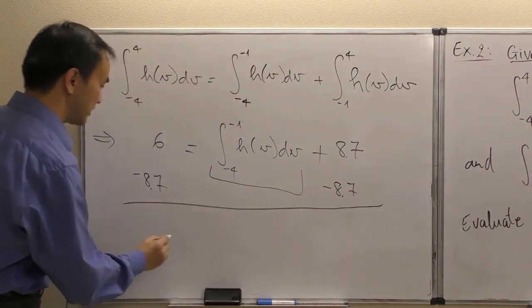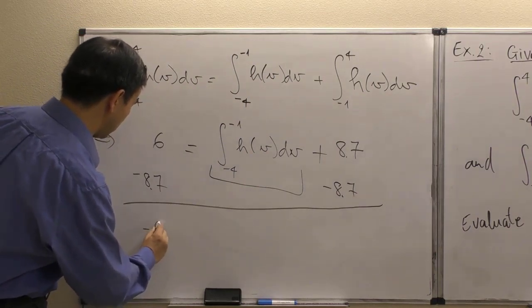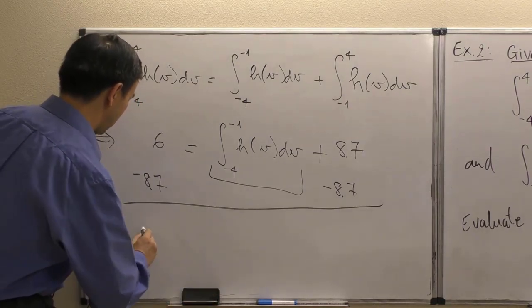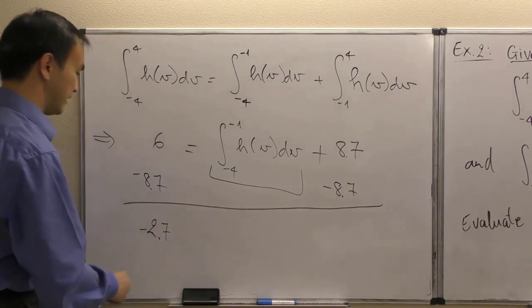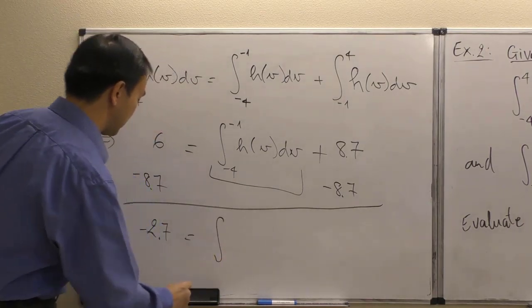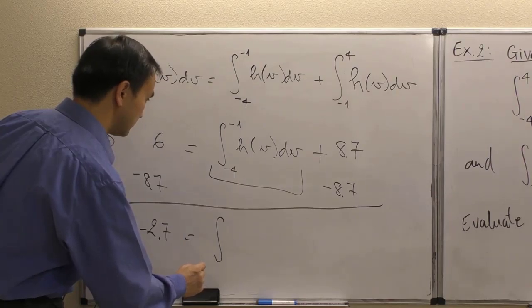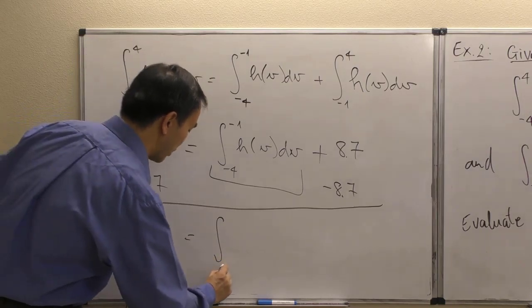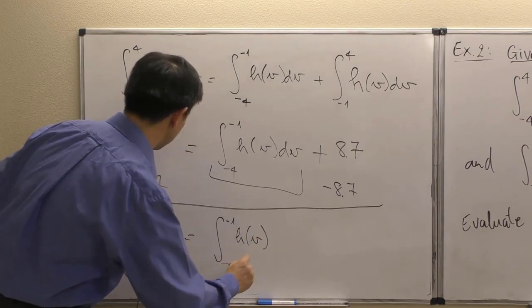So it turns out 6 minus 8.7, which is minus 2.7, equals the integral from -4 to -1 of h of v dv.